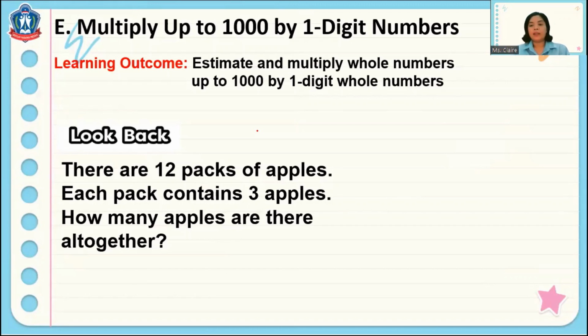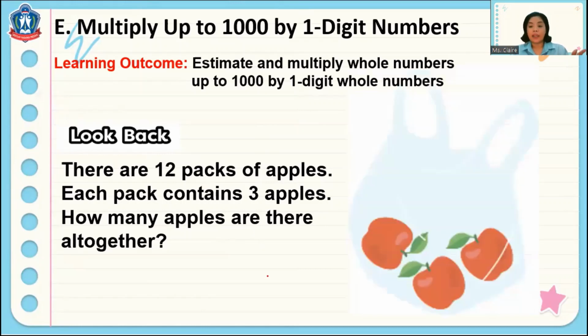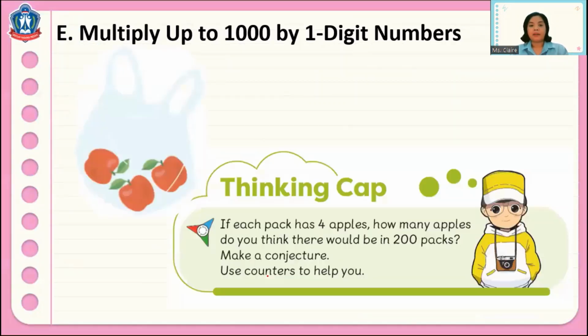You can calculate this by adding the 12 apples 3 times, or when we apply multiplication, we simply multiply 12 times 3. What if each pack has 4 apples? How many apples do you think there would be in 200 packs? If you know the answer, share it during our class.